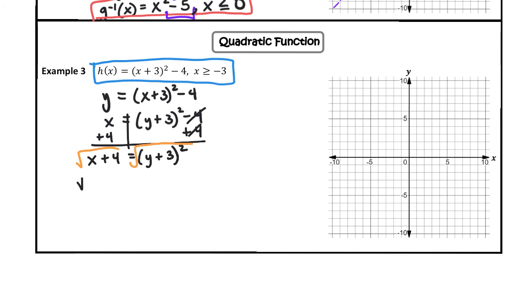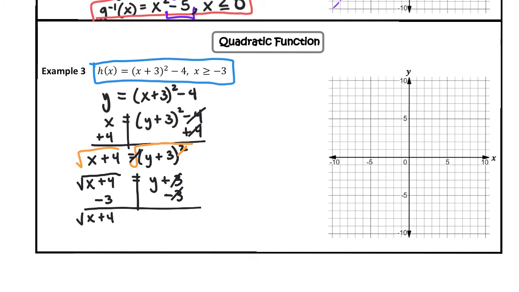That gives me the square root of x plus 4 on the left and y plus 3 on the right, because the square and the square root cancel each other out. Then to get y by itself, I need to subtract 3 on both sides. Let's cancel. I end up with the square root of x plus 4, minus 3 on the outside, equals y.